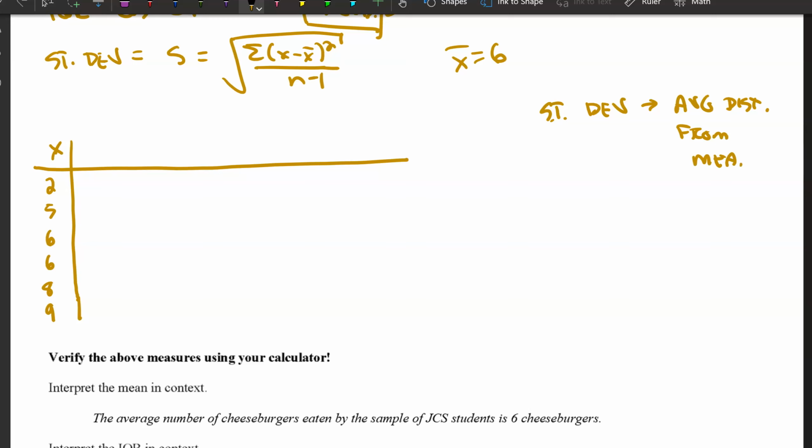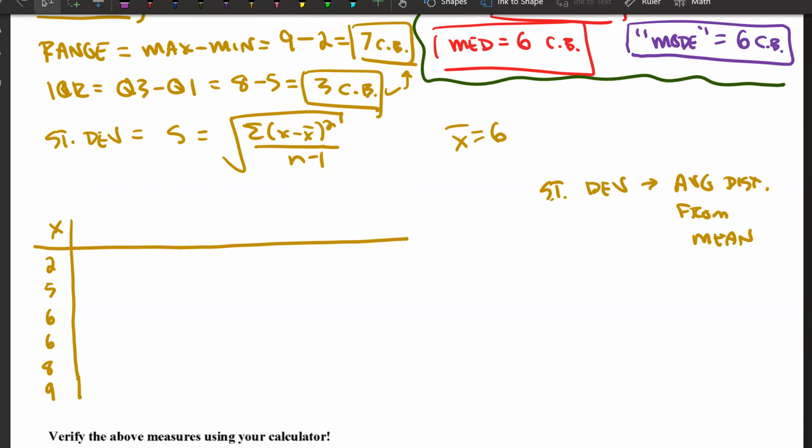So if I asked you to calculate the average distance from the mean, what would you do? Well, the mean is 6, and here are my data points. So it might make sense that you would find the distance that each of these data points is away from the mean. So let's calculate x minus x bar.